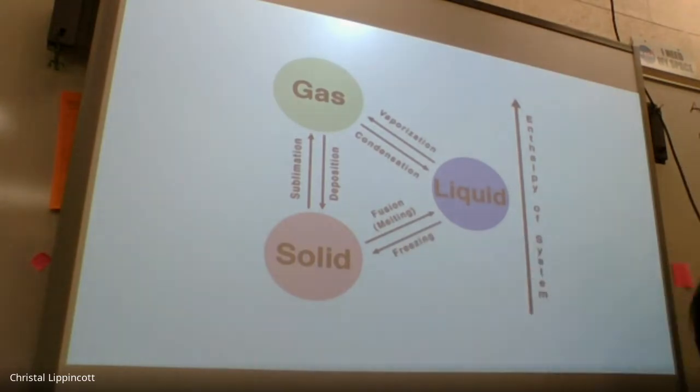And the reason why you need to know that that's fusion is because we're eventually going to get to the point where we are going through fusion, enthalpy of fusion. An enthalpy of fusion is the energy that it takes to go from a solid to a liquid.